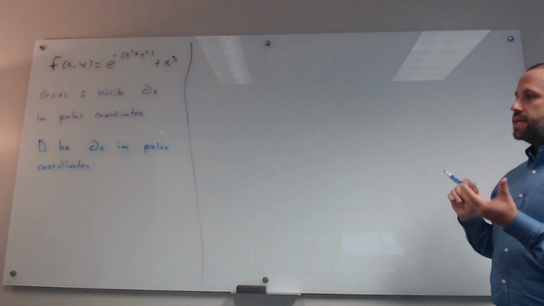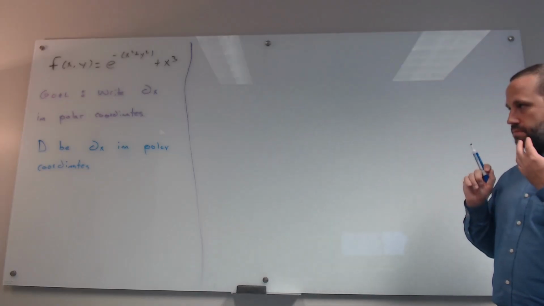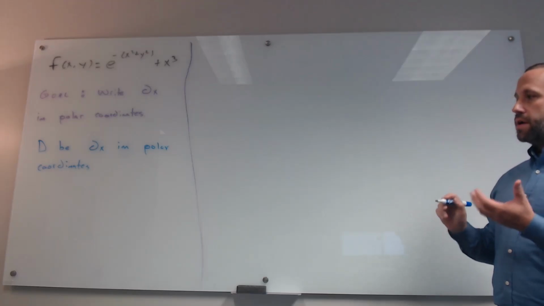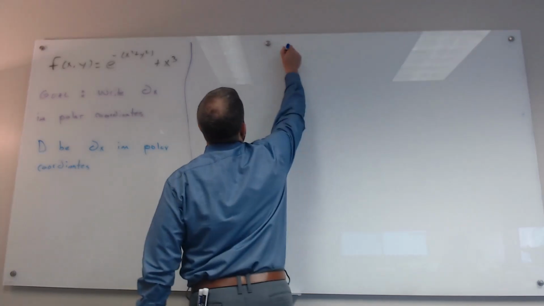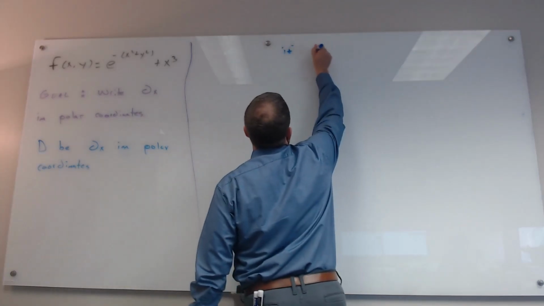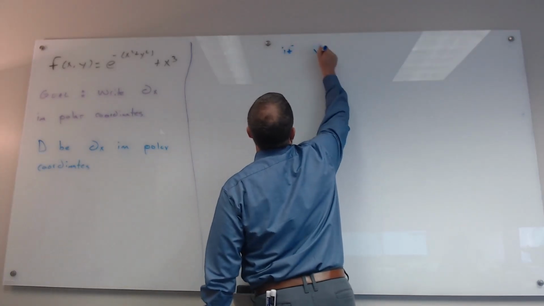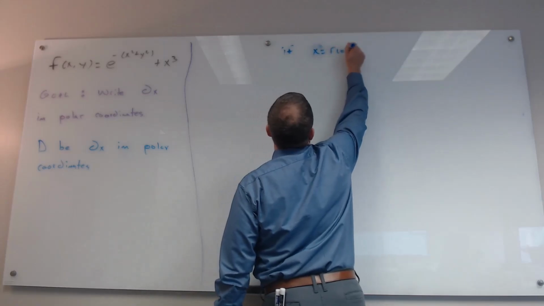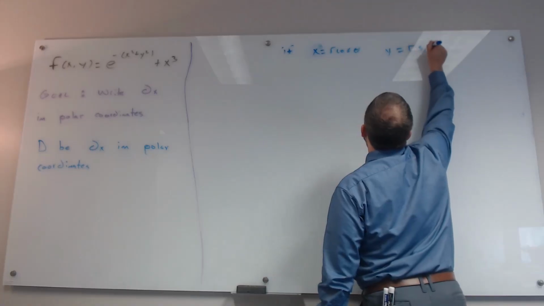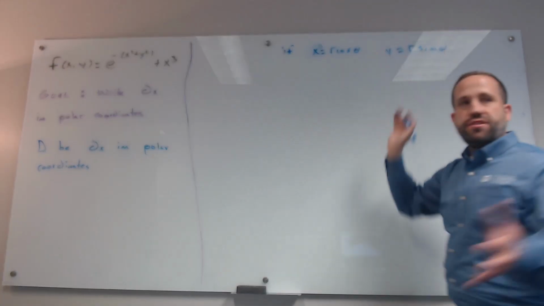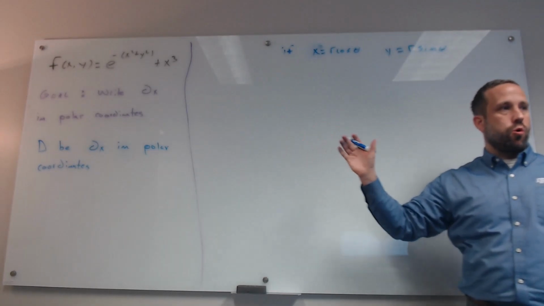And what I mean when I say I want D to be the partial x derivative but in polar coordinates, what I mean particularly is if x is equal to r cosine theta and y is equal to r sine theta. So this is just the standard polar coordinate thing.